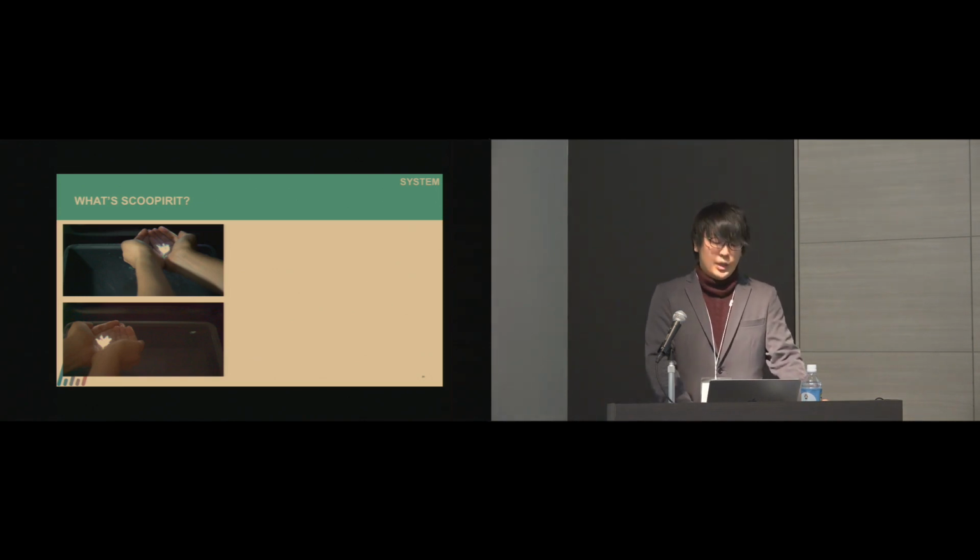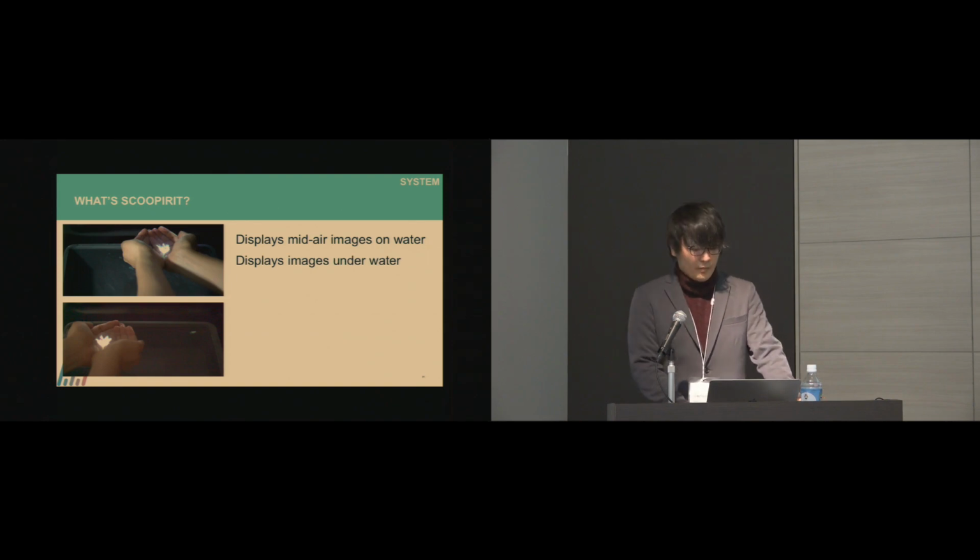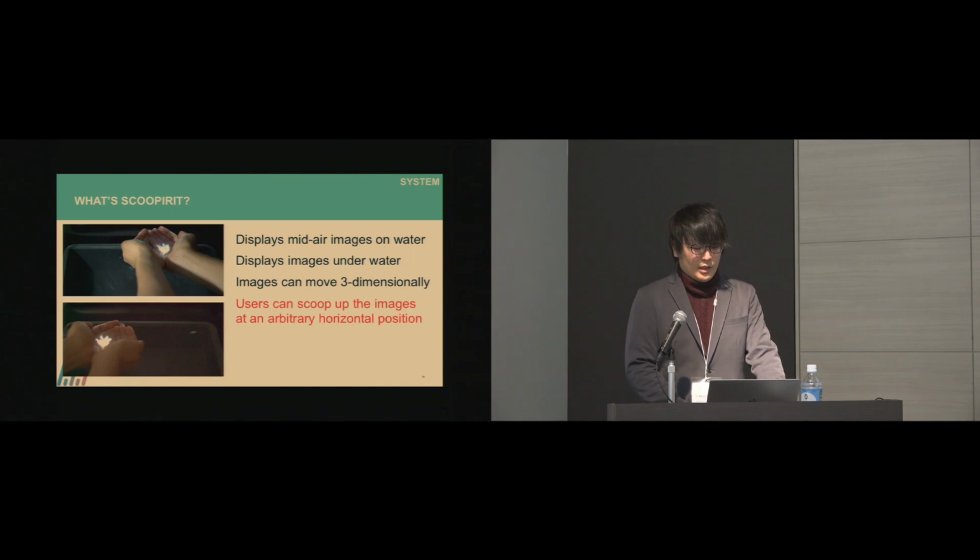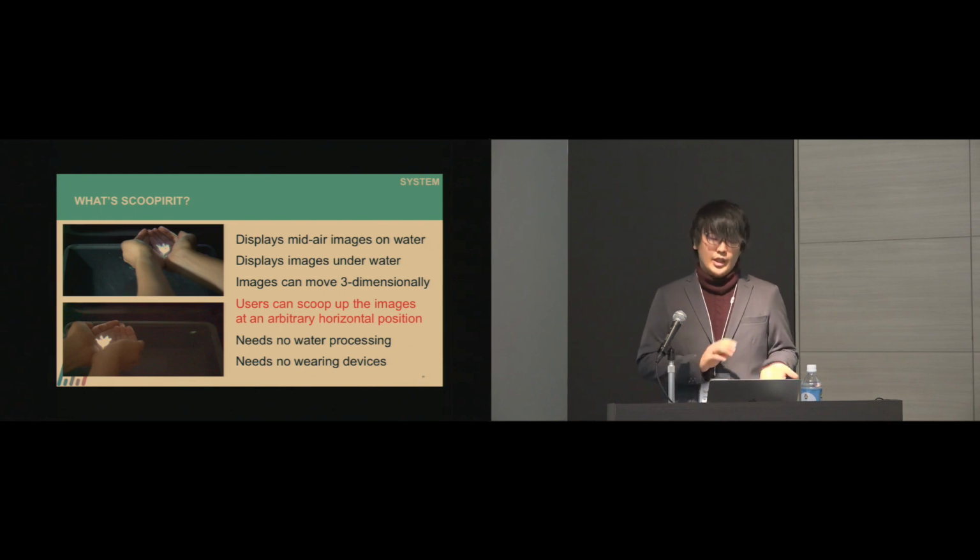Scoopirit displays a mid-air image on water and underwater. And the image can move three-dimensionally. And users can scoop up the image with their hands at any horizontal position. And the system satisfies the three requirements that I mentioned before.